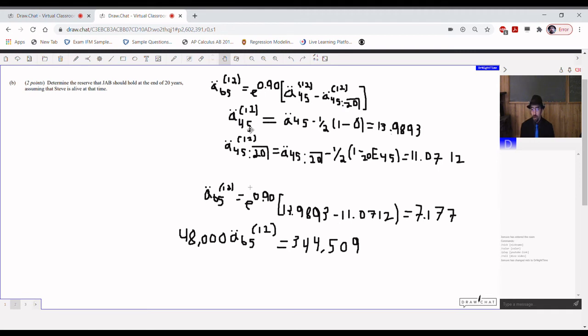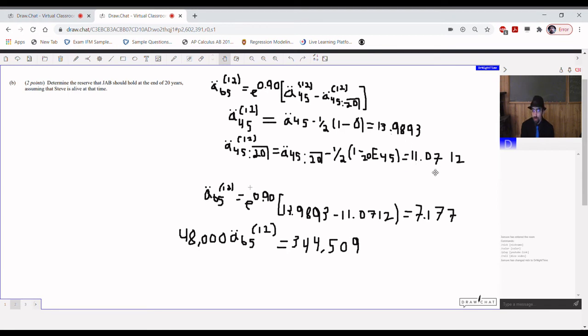So using Woolhouse formula again for the full time, you'll have A double dot 45 minus 1/2 times 1 minus 0 for that. And to evaluate it monthly with a 20-year term, you just say it's going to be the amount with the 20-year term minus 1/2 of 1 minus E 45:20, as we showed previously.